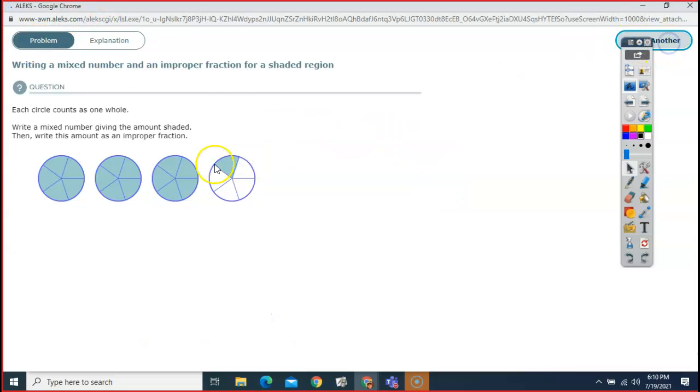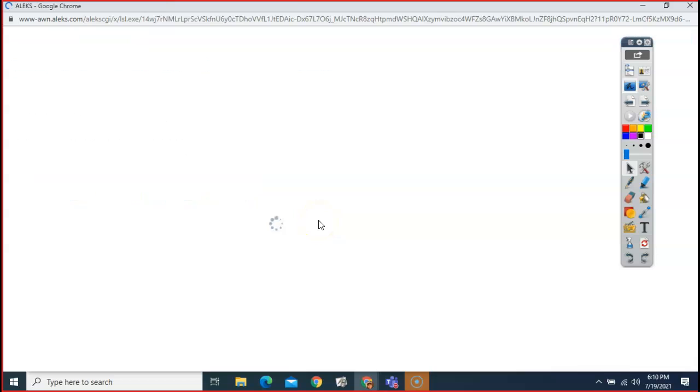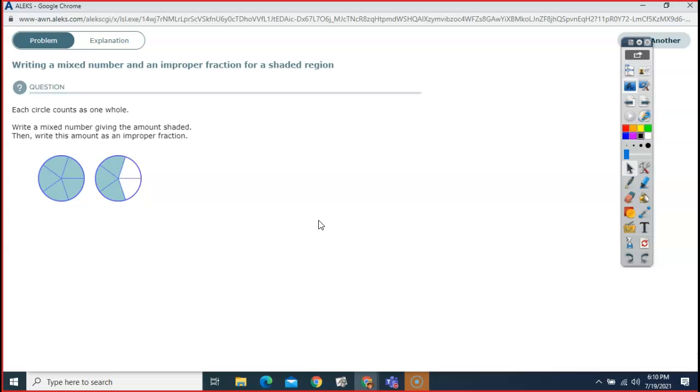Okay, let me do another one, just because sometimes it doesn't come in circles. Well, dang, there's another circle. So it is 1, 2, let me just put my marks here. 1, 2, 3. So this is 5 cuts again. I have 1 whole one and 3 are shaded, so that's 3 out of 5.